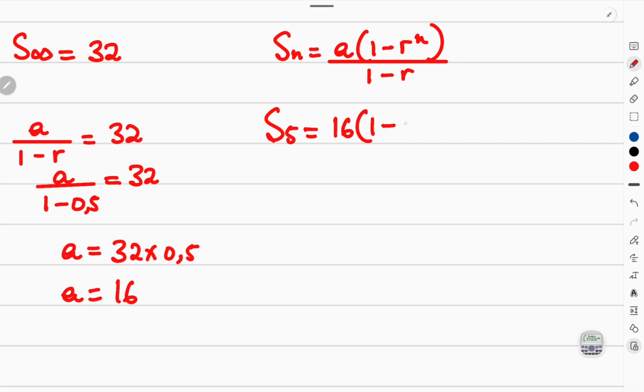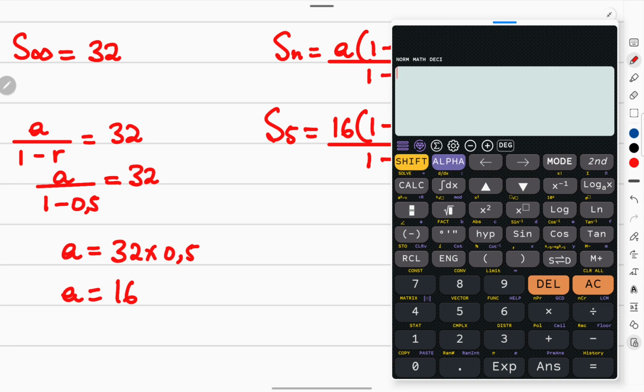1 minus r, which is half, to the power 5, all over 1 minus half.